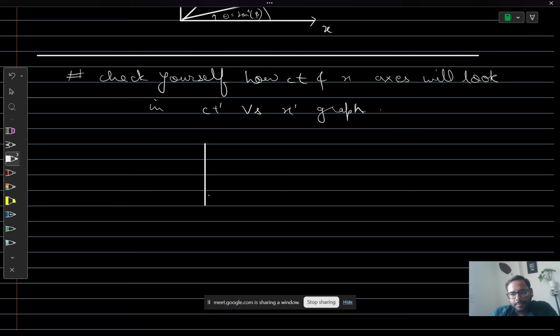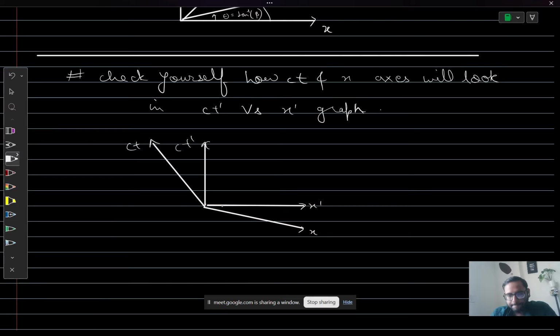This is my prime coordinates. You will see it looking like this. This is my ct, this is my x axis.